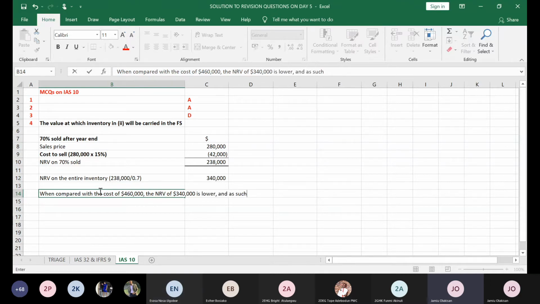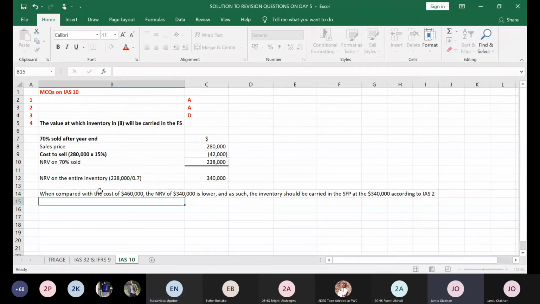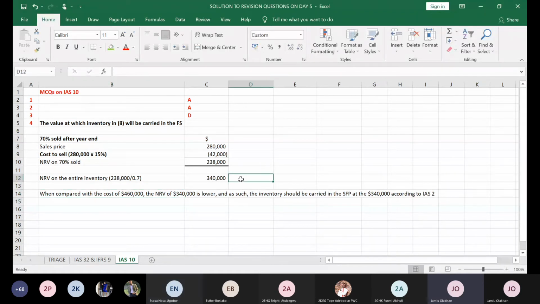And as such, the inventory should be carried in the SFP at 340. IS2 is that, right? 340 according to what? IS2. So the correct answer here is what? Where is 340 among the options?